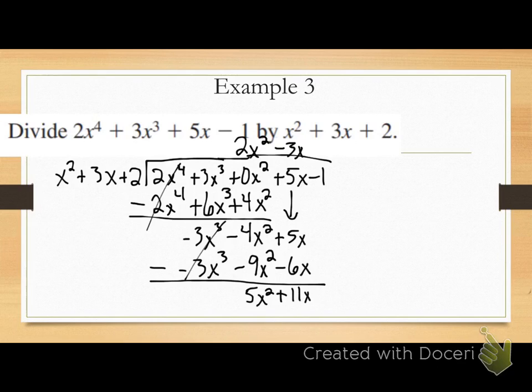Questions so far? We're almost done. Getting there. What's next? Bring down my next term, minus 1. And someone else who I haven't heard from today, tell me what I need to put above my negative 1.